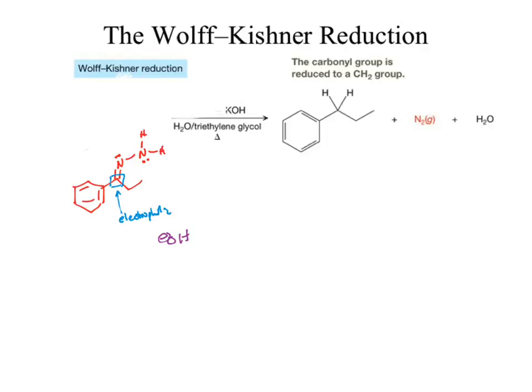If we pull hydrogens off the alpha carbon, do we really have a leaving group? No. Okay. So maybe we should try and pull the hydrogens off of our nitrogen. What would that result in? Negatively charged nitrogen.